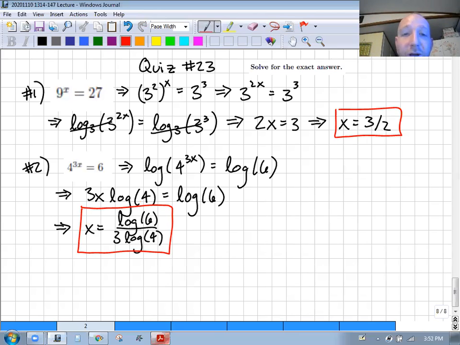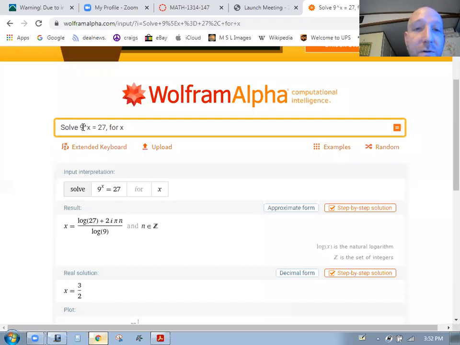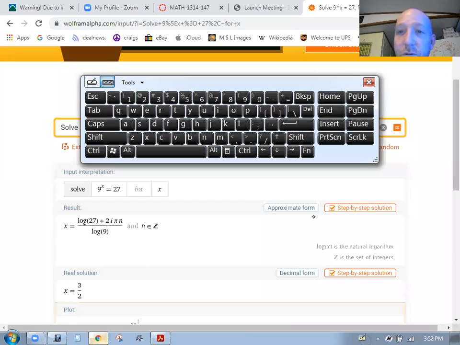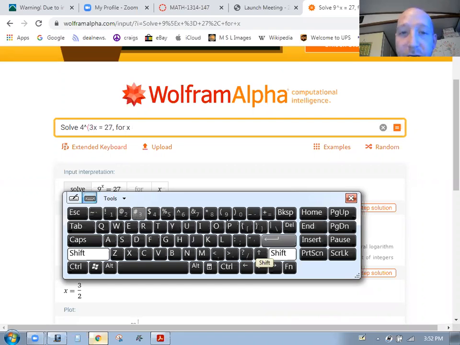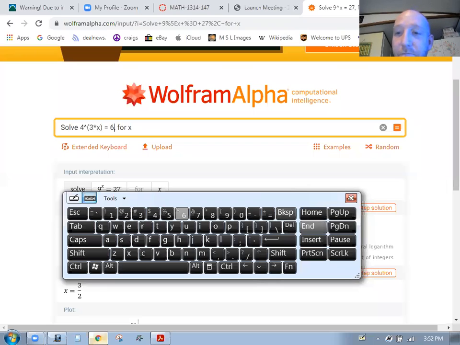So if we look at Wolfram Alpha, 4 to the 3x equals 6. So 4 to the 3 times x equals 6.